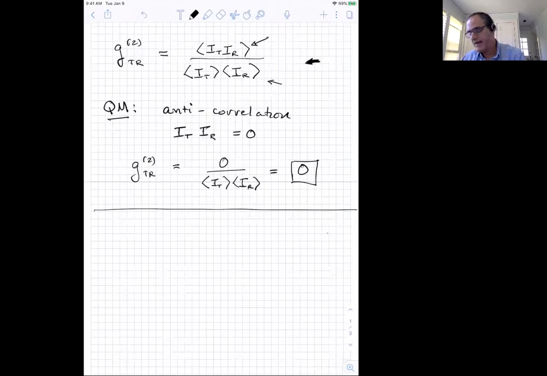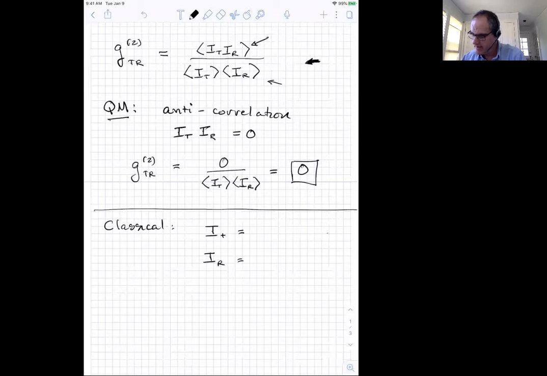However, the case for a classical wave would be different. Because here, we expect that the transmit intensity and the reflected intensity are related to the incident intensity, the intensity of light incident on the beam splitter, which is a continuous quantity.